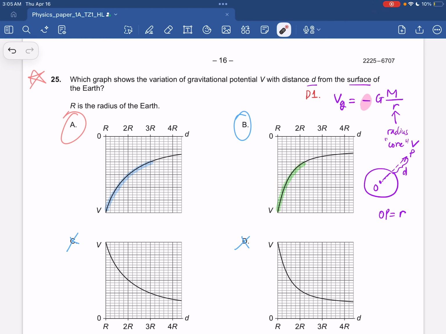Compared to this one, it changes more gradually. So actually, this one is an exponential curve. Let me write it down. If you see that there's a very sudden change at the beginning, and then it's not as much as from the beginning, this is an exponential, okay? So this one is actually an exponential curve.